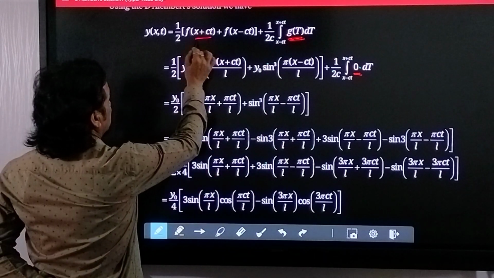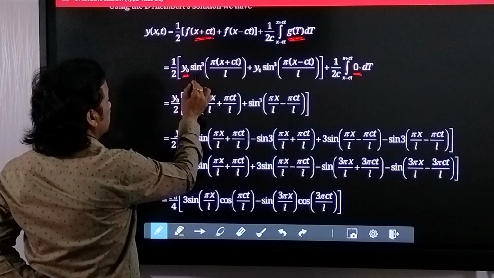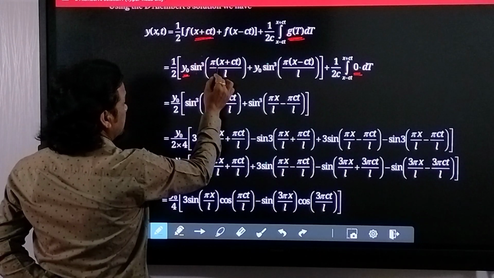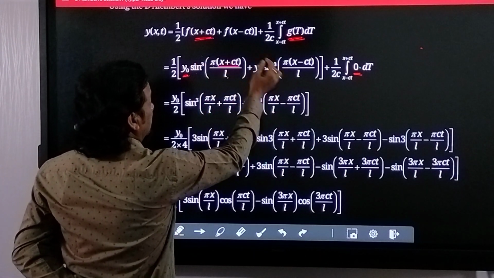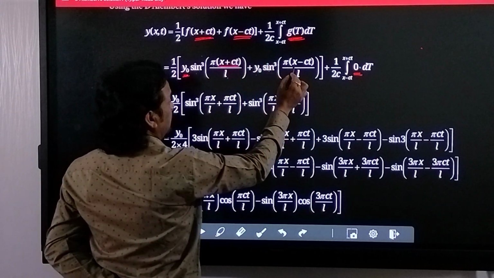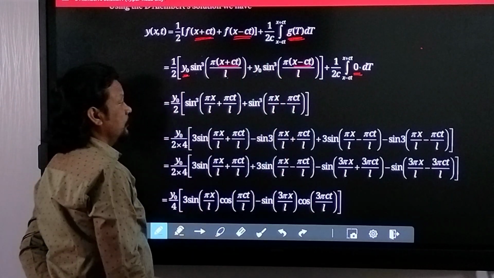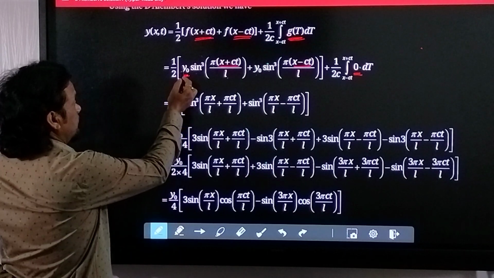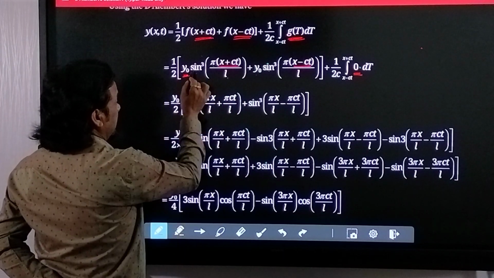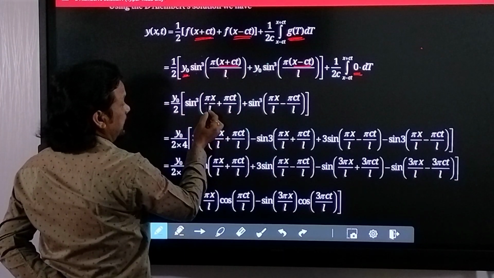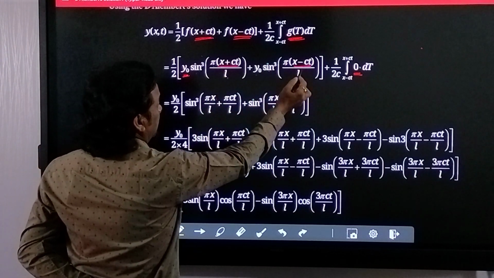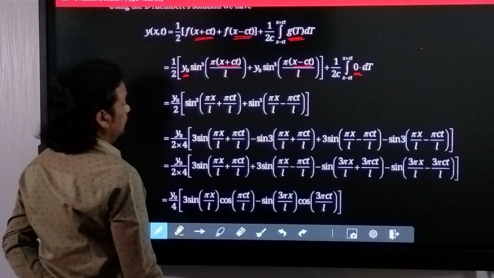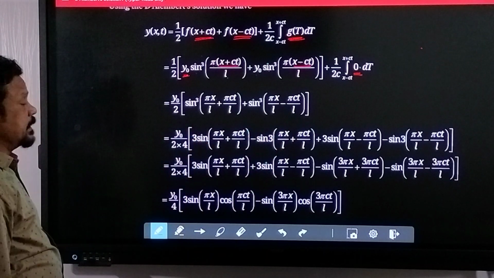Now f of x plus ct will be y0 sine cube pi, in place of x I am writing x plus ct by L, plus y0 sine cube pi, in place of x I am writing x minus ct by L. Clear? So y0 I am taking common, y0 by 2 sine cube, this one I am separating, pi x by L plus pi ct by L, this one is pi x by L minus pi ct by L. So I am applying the formula for sine cube theta.